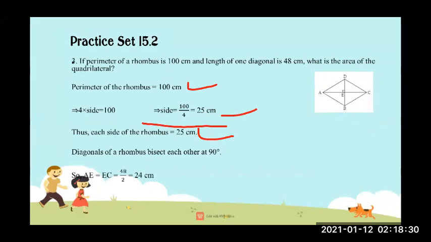Now for AE, one diagonal they have given in the question, that is 48 centimeter. You can take DE or EB also. I have taken AE is equal to EC. Same, DE is also equal to EB. Now if AE is 48, so half of 48. What is half of 48? 24. That means AE is 24 centimeter and EC is also 24 centimeter.